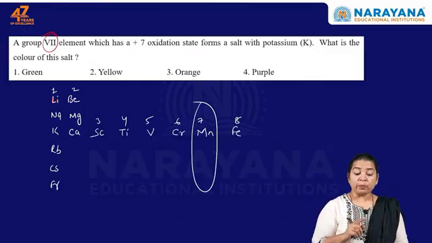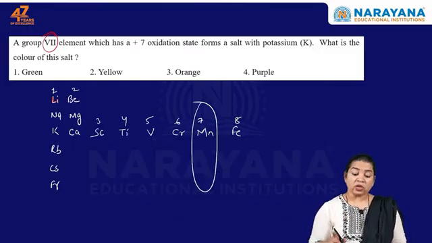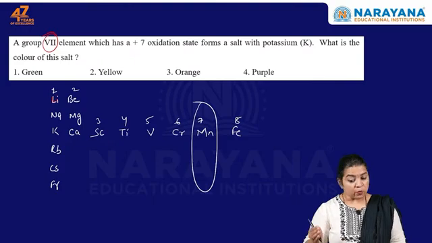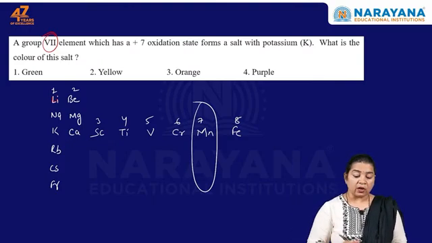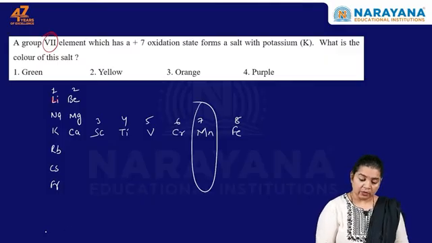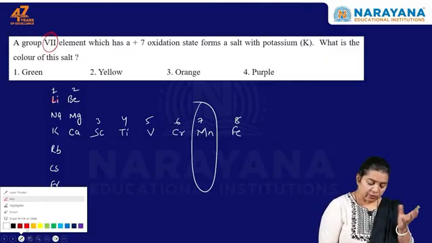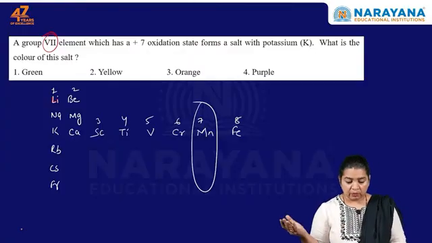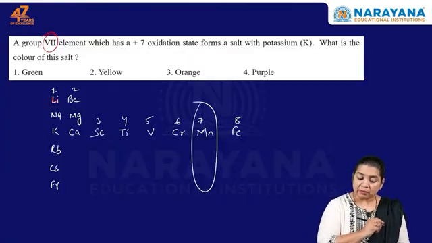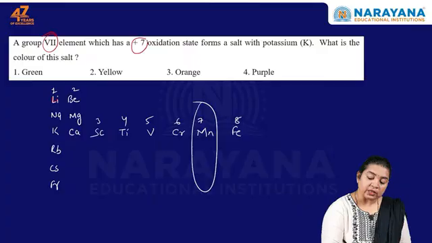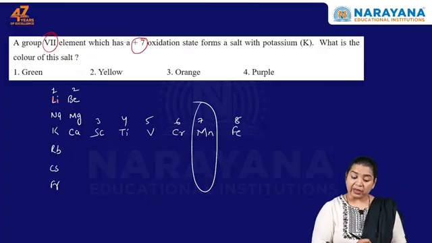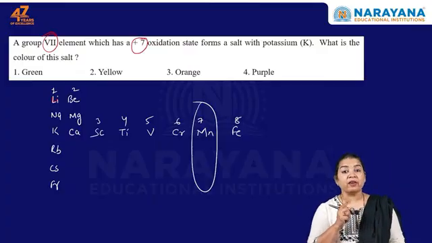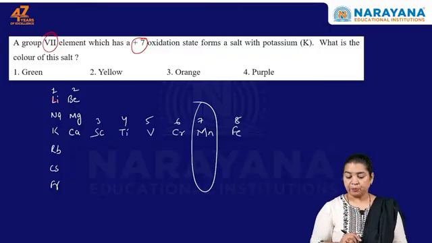A group 7 element which has a +7 oxidation state forms a salt with potassium. What is the color of this salt? Well, there are two different opinions about this question. Some students are saying they have asked +7, some are saying +6.